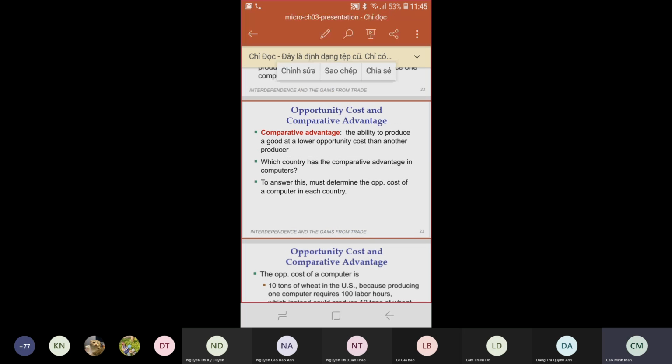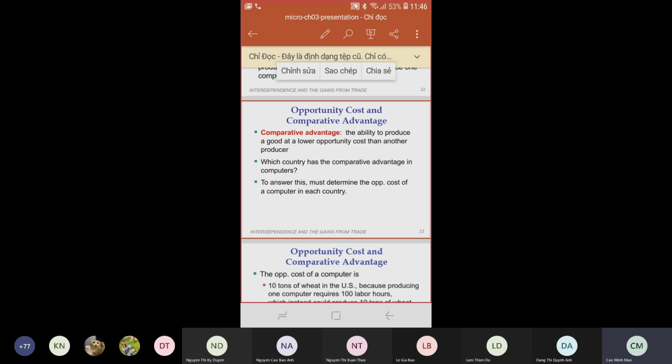So for example, the US has competitive advantage in producing wheat. Do you remember that? It means, based on the argument of the theory of competitive advantage, the US should produce and export wheat to Japan.